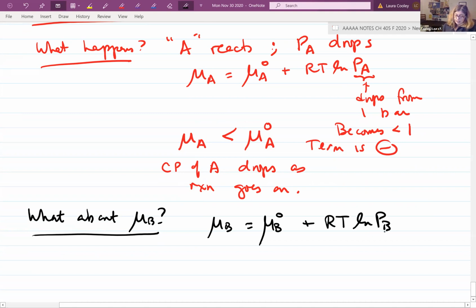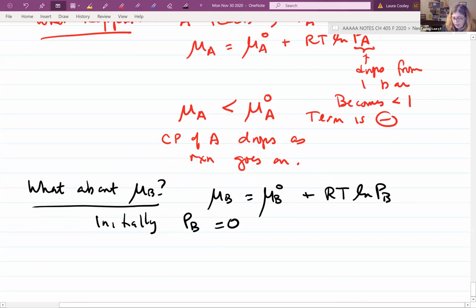And initially, the pressure of B is equal to 0. Well, you get an error on your calculator if you try to calculate the log of 0. But what's my point here?